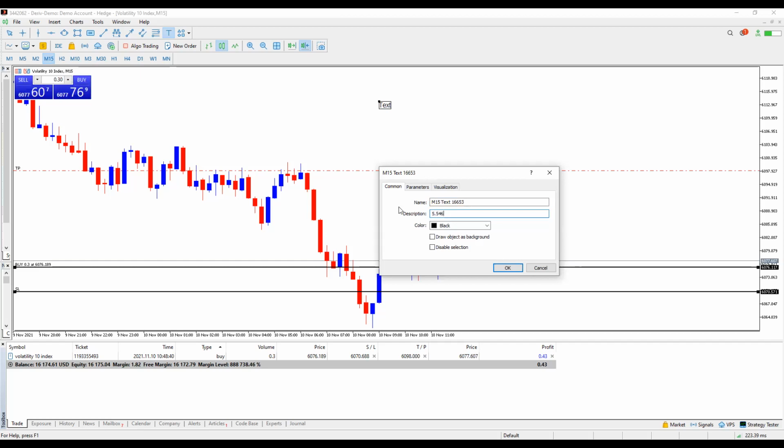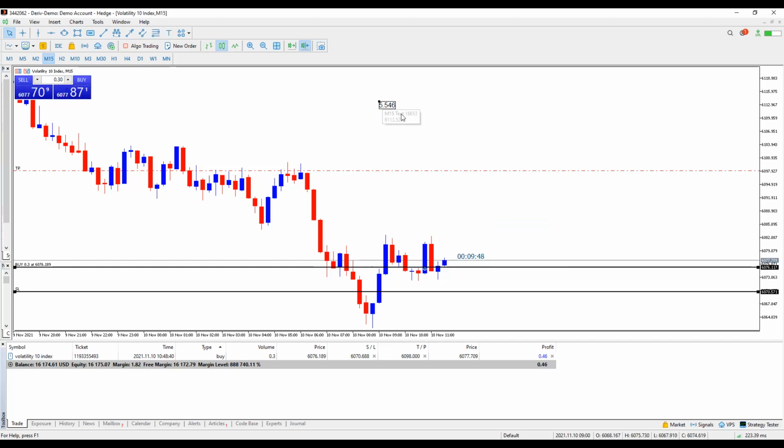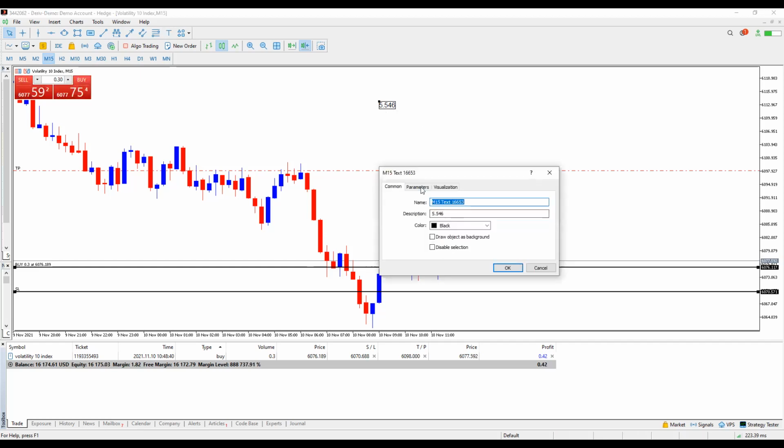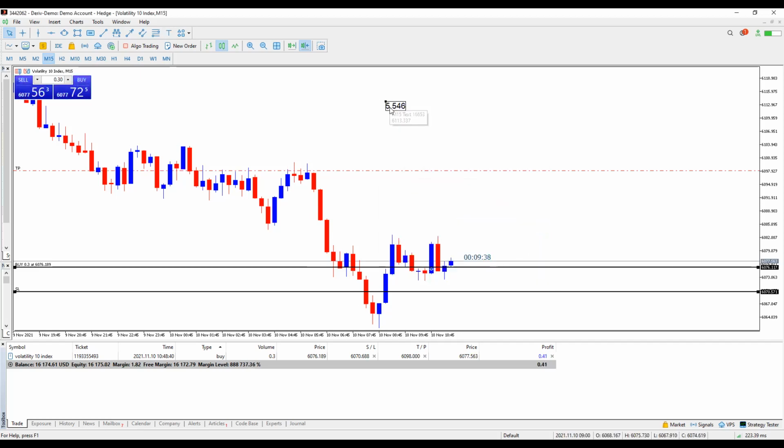This is the answer that you get. Let's make it 14. Beautiful. So you're going to get 5.546 as your pips. It is the difference between the entry price minus stop loss. You're going to get the number of pips within your stop loss region.